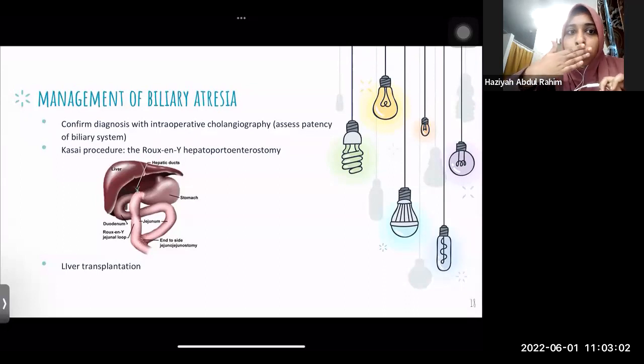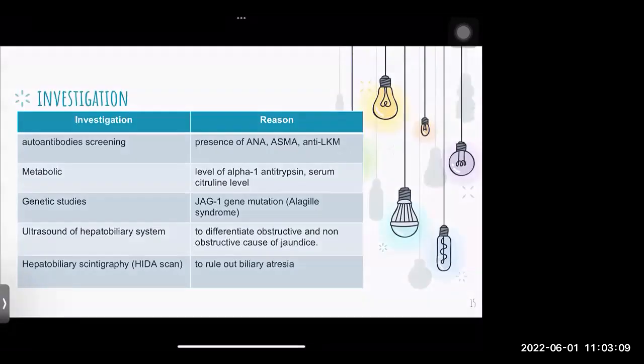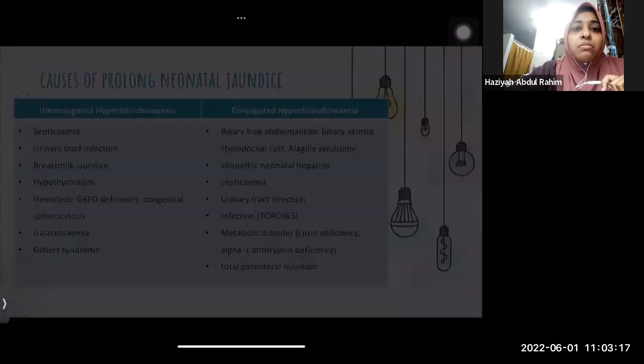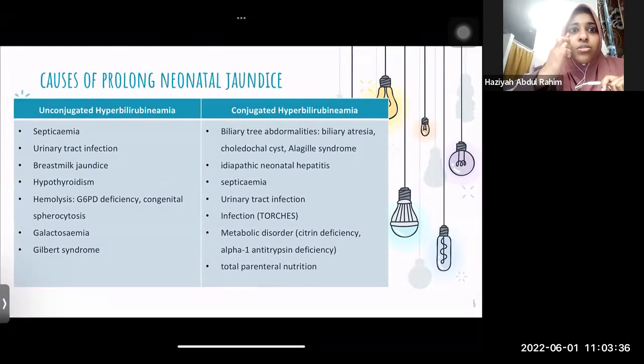What's the first thing you need to figure out when a child is jaundiced? I'm not talking in terms of severity, I'm talking in terms of figuring out the diagnosis.